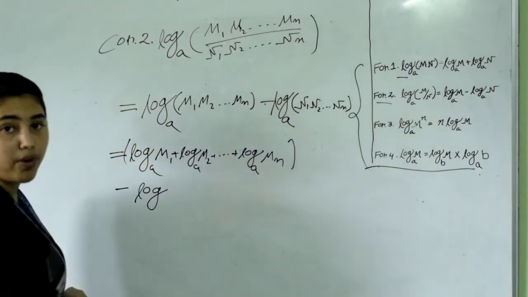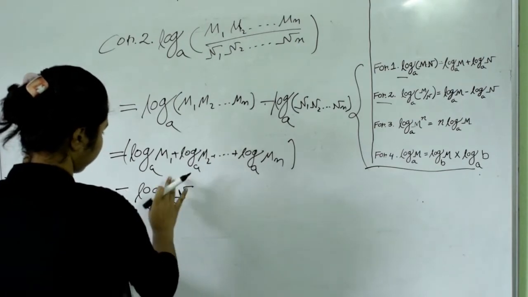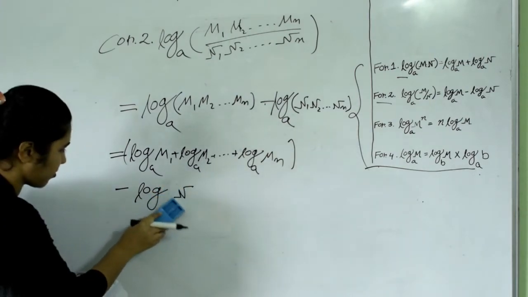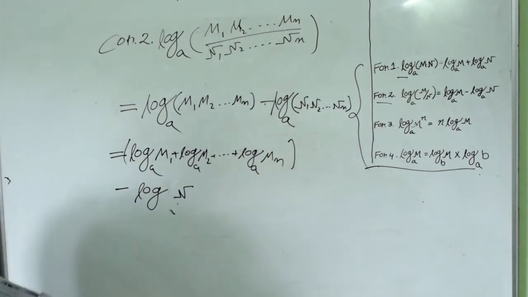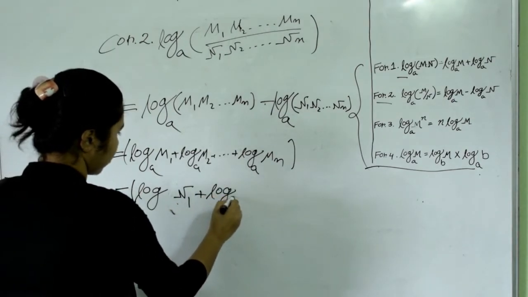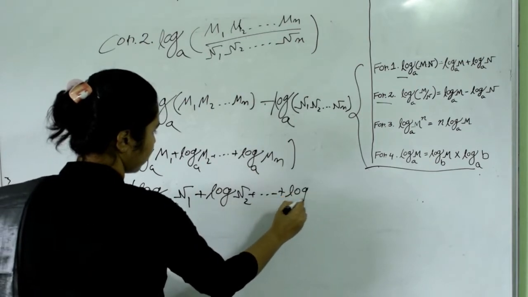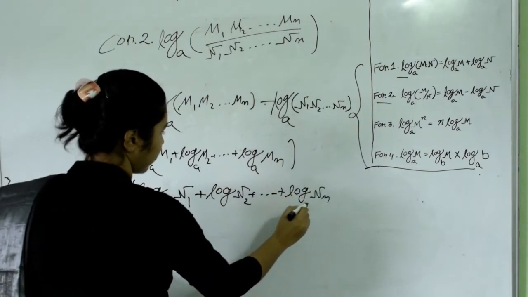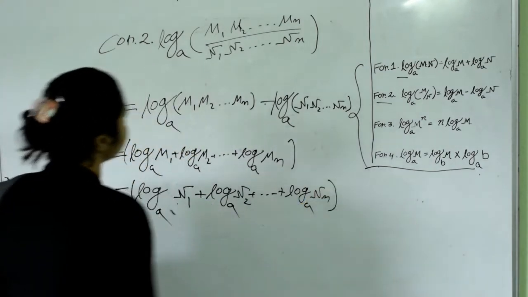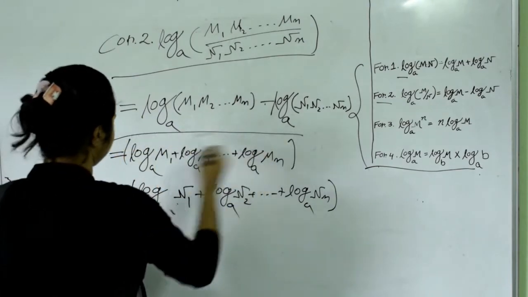So by corollary 1 we can write it as log n1 plus log n2 up to log nn, base a. So this is our corollary 2 and this is our result.